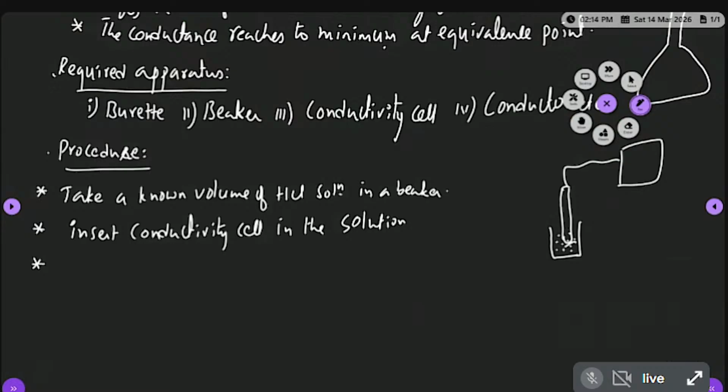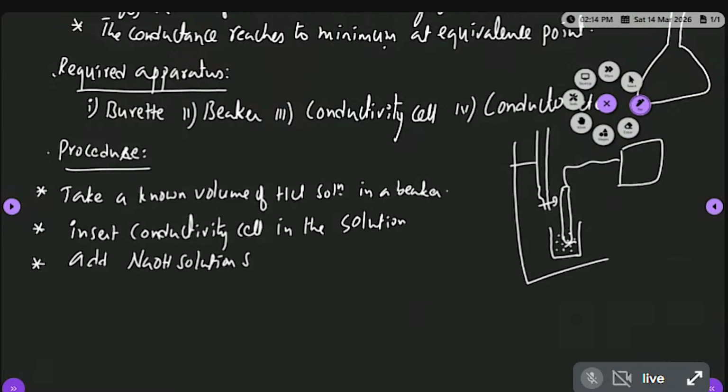And next, we are taking here a burette. Okay, burette, right? ee vidhanga burette తీసుకుంటాం, burette stand fix చేస్తాం, and say add NaOH solution slowly from the burette.